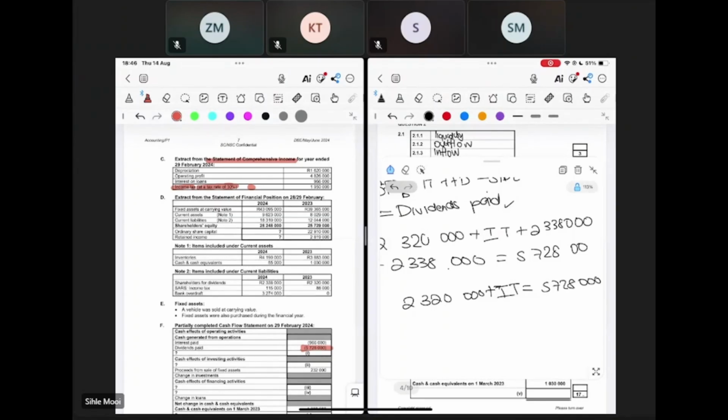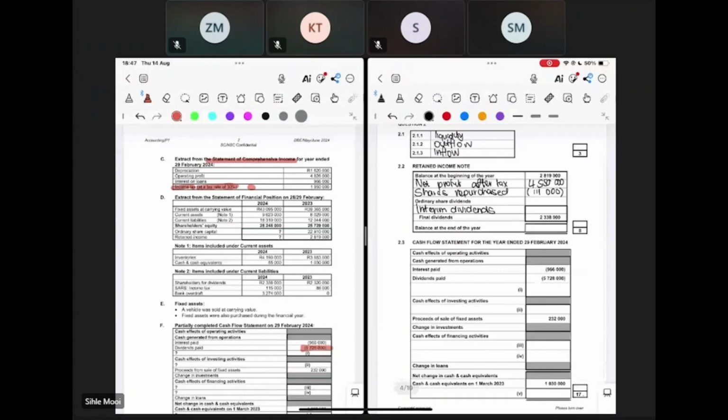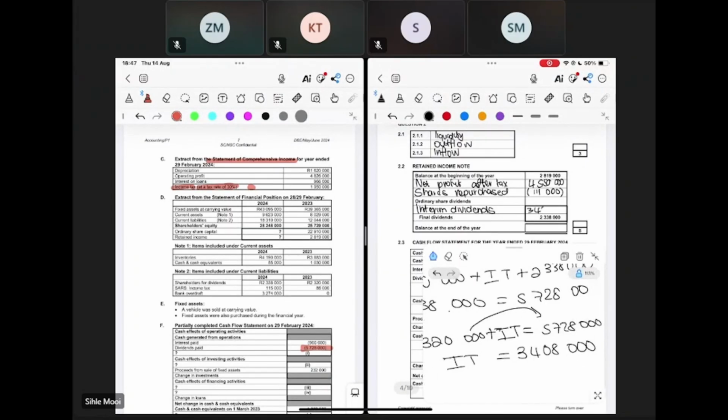So our interim dividends will be equal to 5,728,000 minus 2,320,000, and that will be 3,408,000, and we replace those here. Any questions?